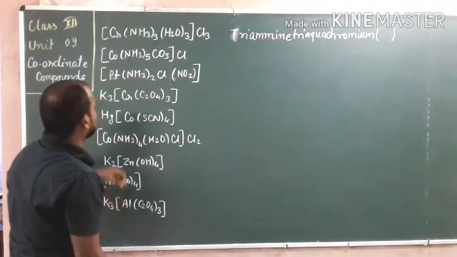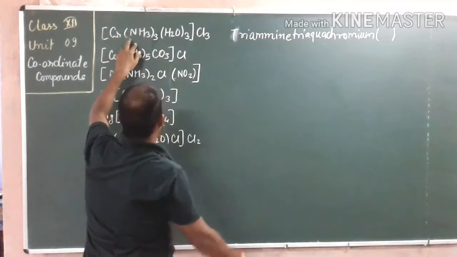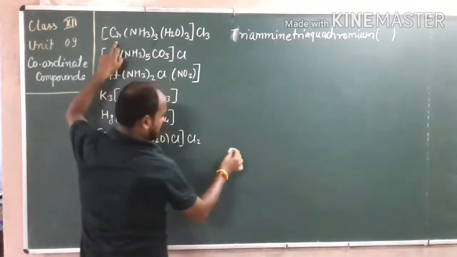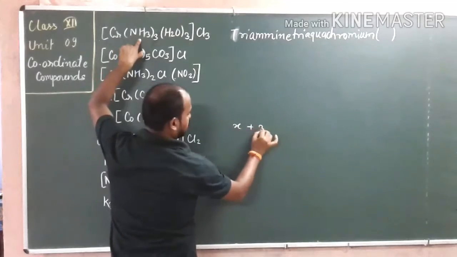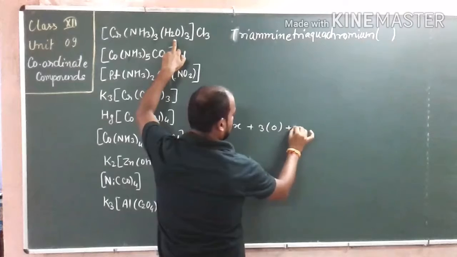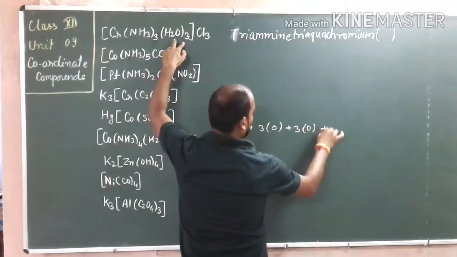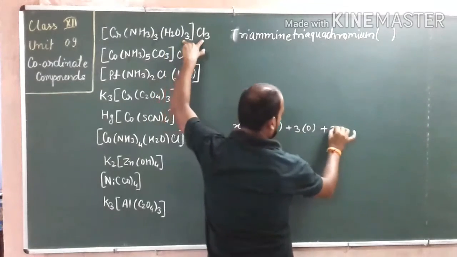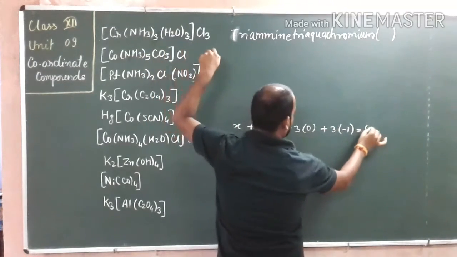Very simple. See, for Cr it is X, plus number of amines 3, charge on amine 0, number of aqua ligands 3, charge on ligand 0, plus number of chloride 3, charge on Cl -1, is equal to overall charge 0.